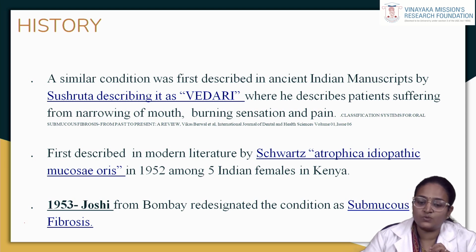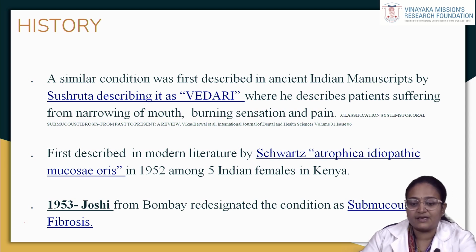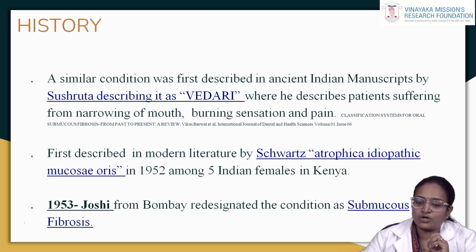The disease was encountered in literature in 1952, when Schwartz described it among Indian women living in Kenya, naming it atrophia idiopathica mucosae oris. One year later, in 1953, Joshi renamed it submucous fibrosis, which eventually became oral submucous fibrosis. Today, it is recognized worldwide as a potentially malignant disorder.